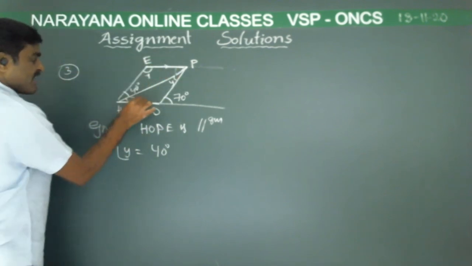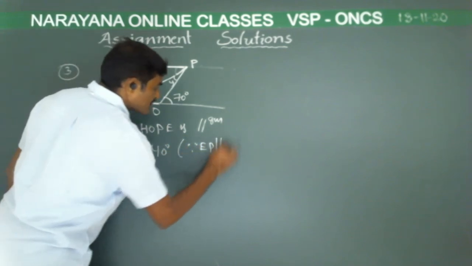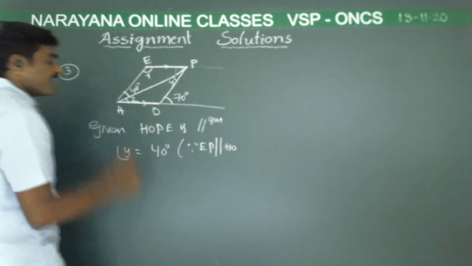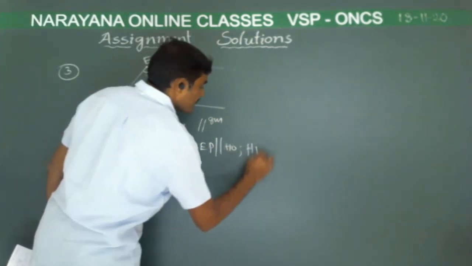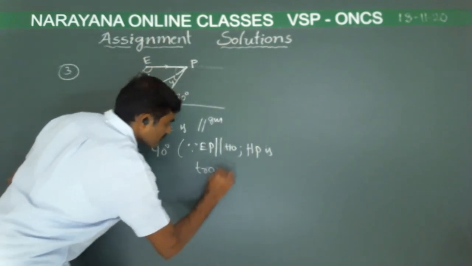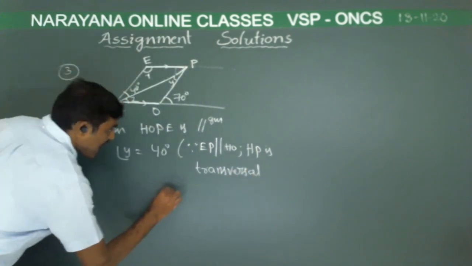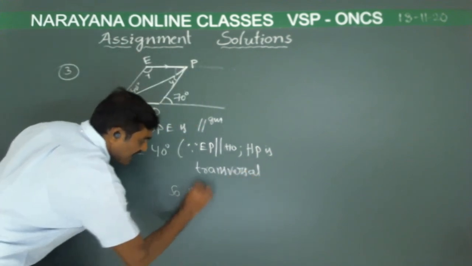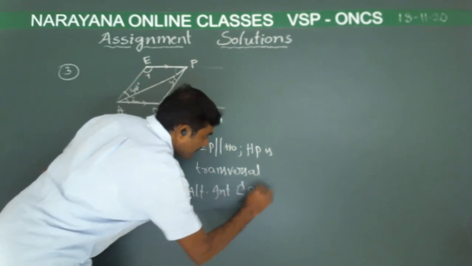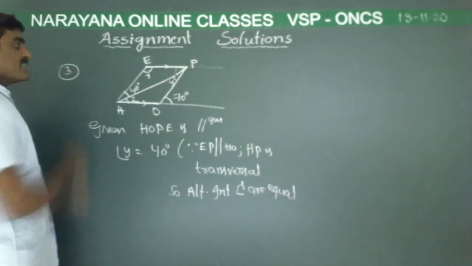EB is parallel to HO and HB is the transversal. Since alternate interior angles are equal, by this reason angle Y is equal to 40.